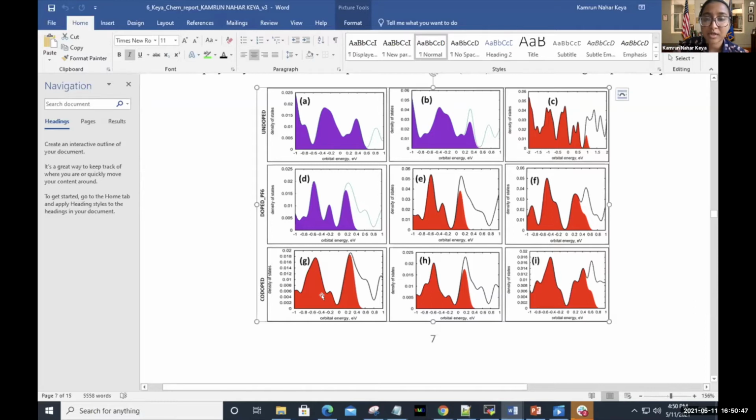Then we want to compare the results from which model, like which state actually shows more conductivity. That's why I plot this figure.